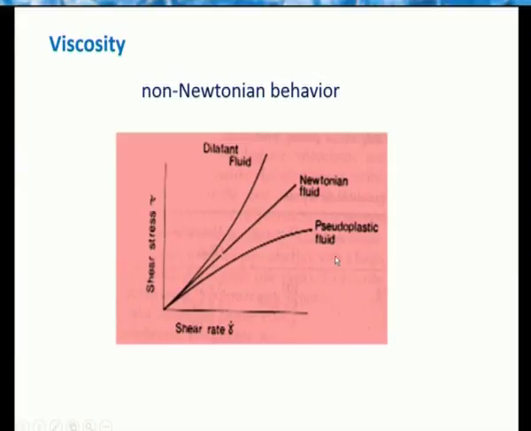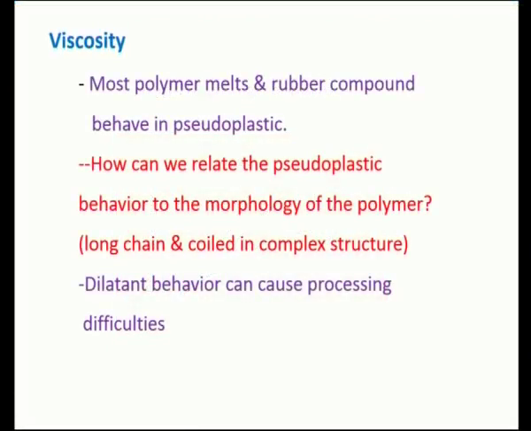And then there are two common fluids which are named pseudoplastic and dilatant, which are more common in polymeric systems. Most of the polymeric materials and rubber compounds do behave as pseudoplastic, and the pseudoplastic behavior is related to the morphology of the polymer.